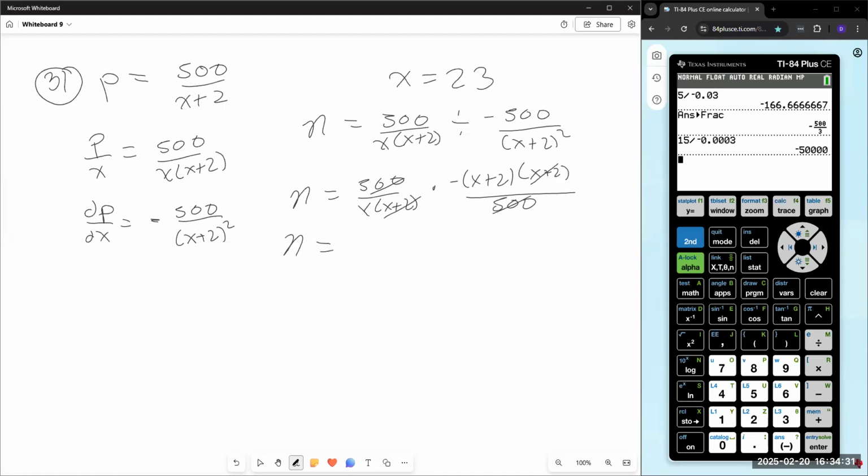Eta is negative X plus 2 over X. And then eta of 23 is going to be negative 25 over 23. And so the absolute value of eta of 23 is equal to 25 over 23, which is greater than 1. So this is elastic.